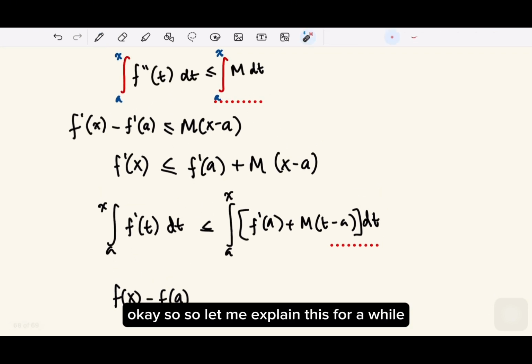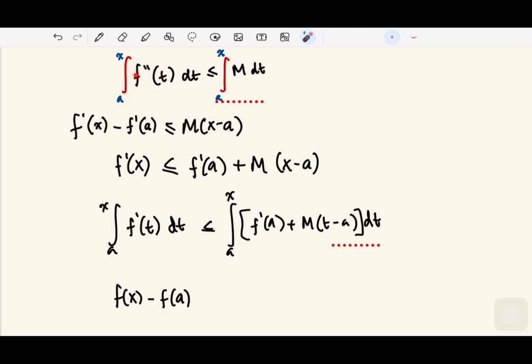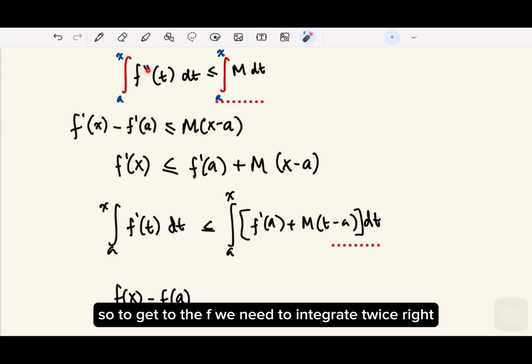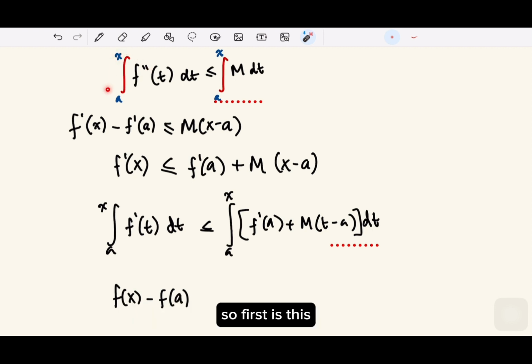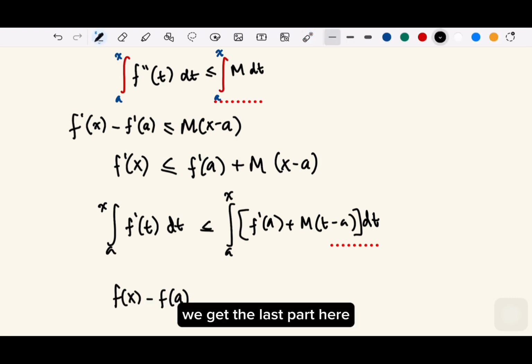Let me explain this for a while. The second derivative is the one that we assumed at the beginning. So to get to f, we need to integrate twice, right? So first is this, and we get this, and then integrate once more, and we get the last part here.